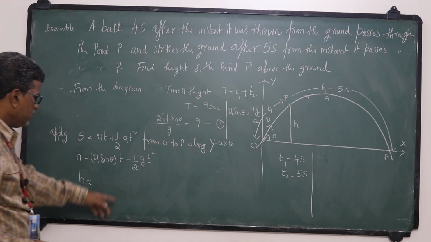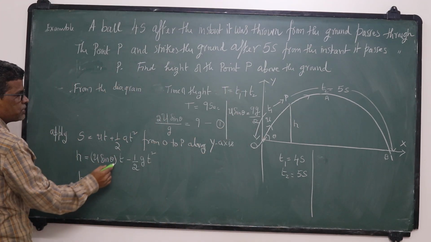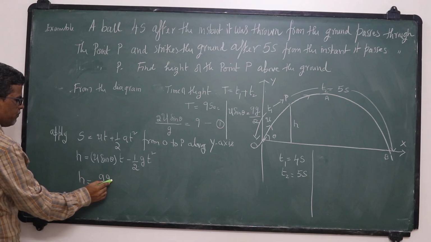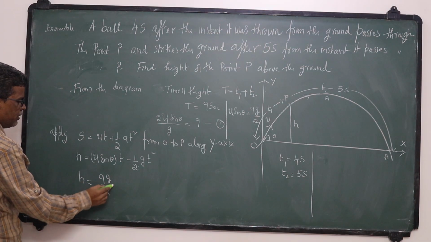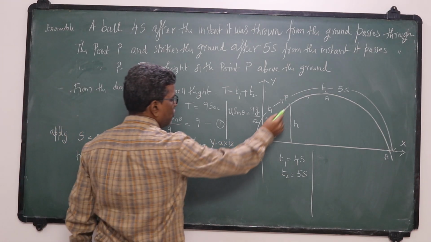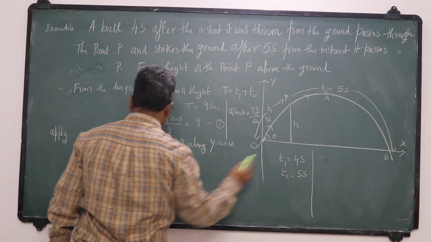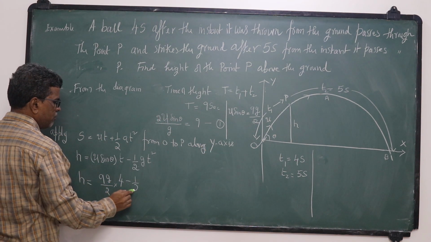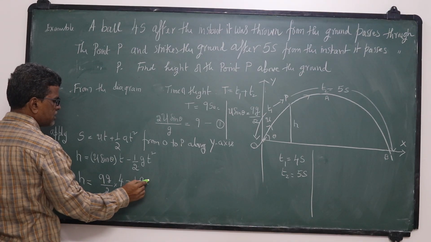So I substitute that value here instead of u sine theta: 9g by 2 into t. To travel from O to P, it takes t1 seconds, that is 4 seconds, minus half g t square.